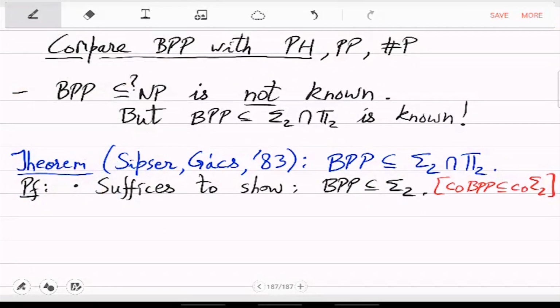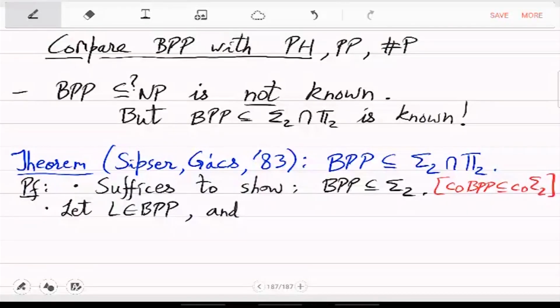So let L be a problem with a randomized algorithm, so it is in BPP. There is a randomized polynomial time algorithm, and let M be a poly time Turing machine.